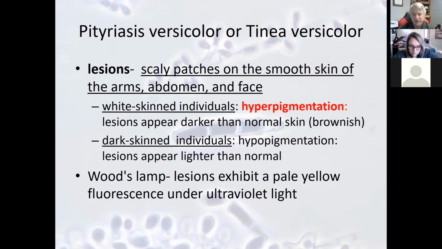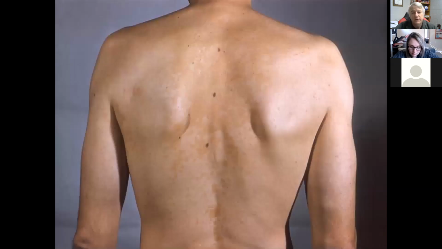Wood's lamp: the lesions exhibit a pale yellow fluorescence under an ultraviolet light. So if you use an ultraviolet light, you could see a pale yellow fluorescence. So here's the picture we had on our slideshow showing the darkening of the skin all down the back.